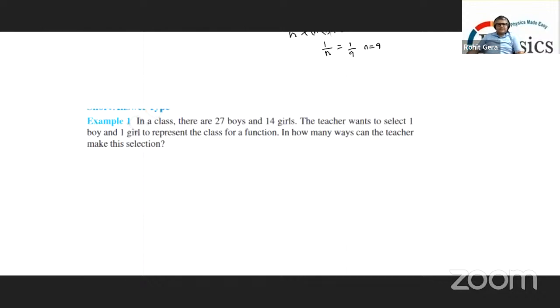Again, a selection. You have to select a boy and a girl.